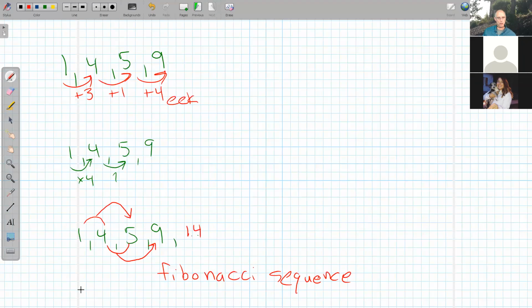So starting with 1 and 4, add the 2 previous terms.